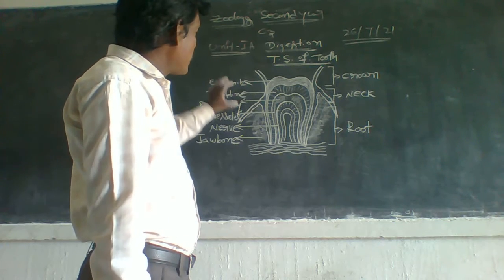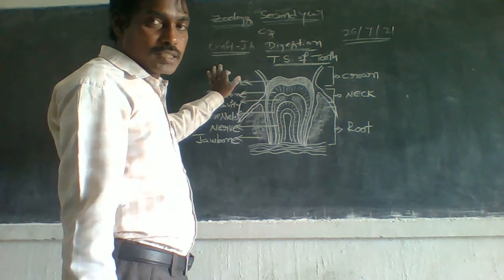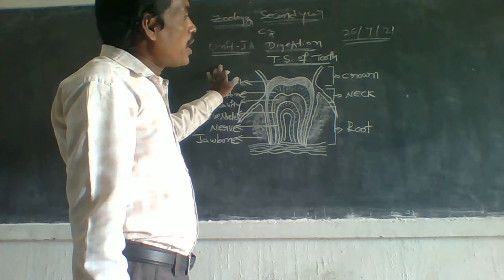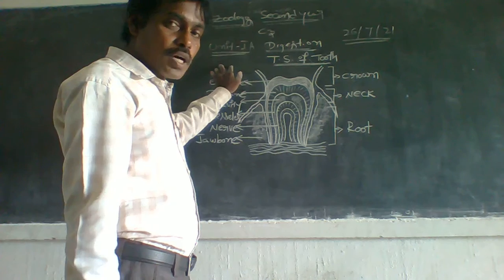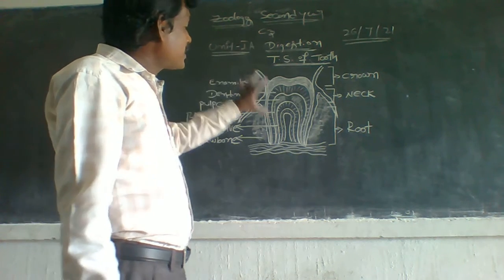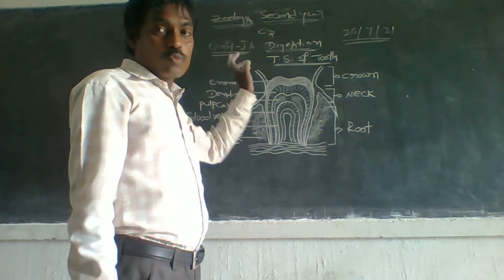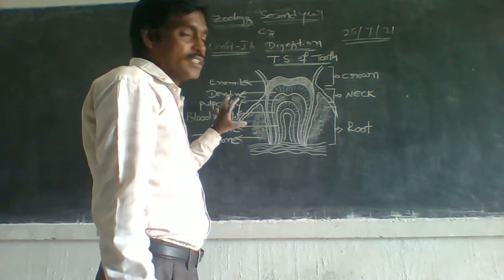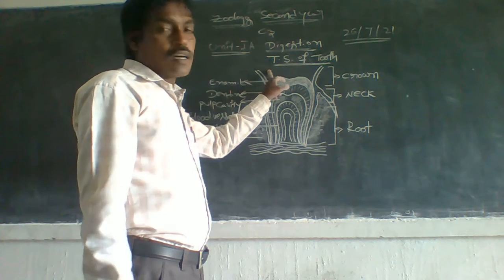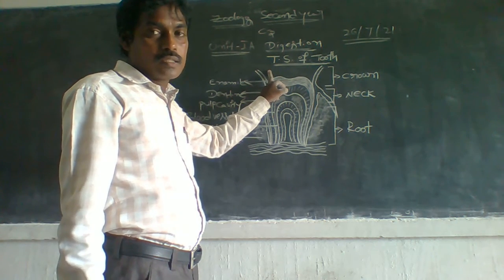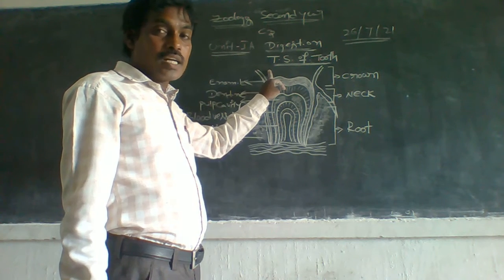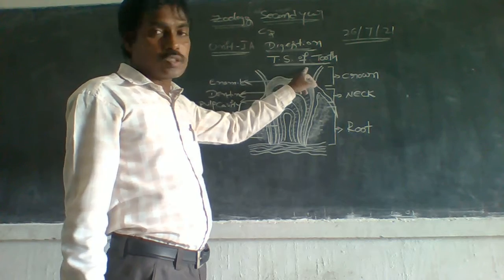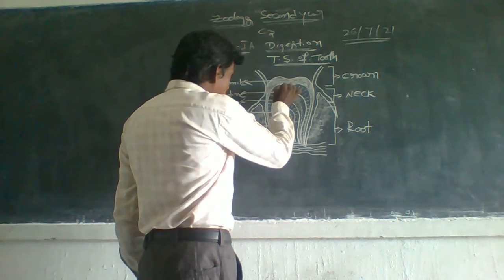Next, label the parts. Compulsory 4 marks. We get 4 marks in the public examination. First unit 1A asks this question: diagram, neat labeled diagram of the TS of tooth. This is the diagrammatic view.